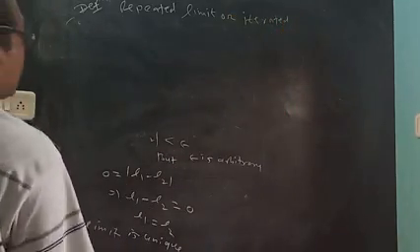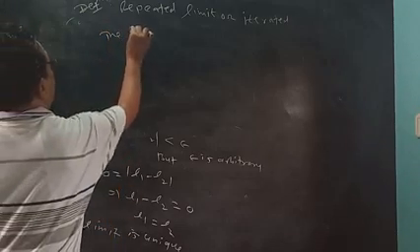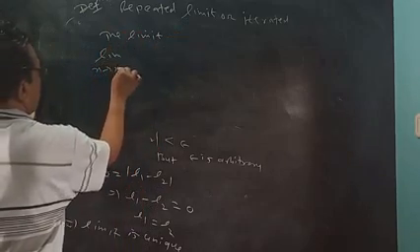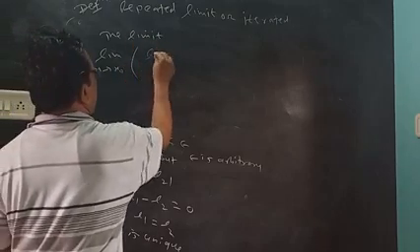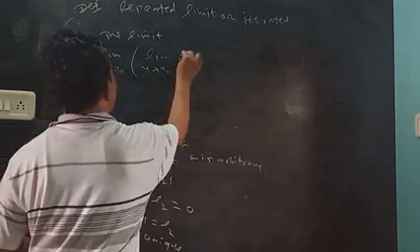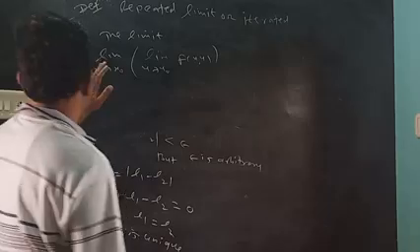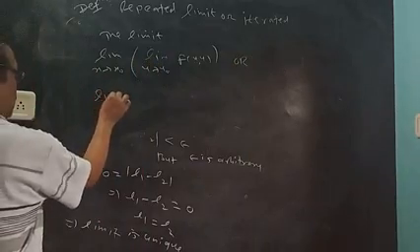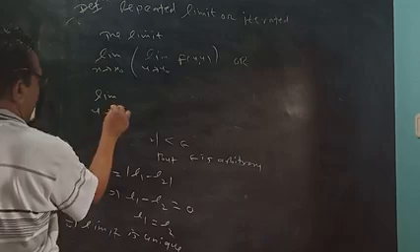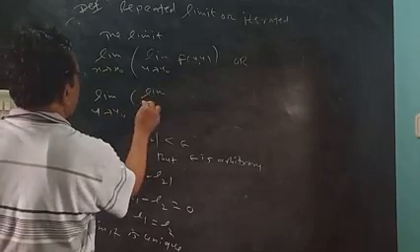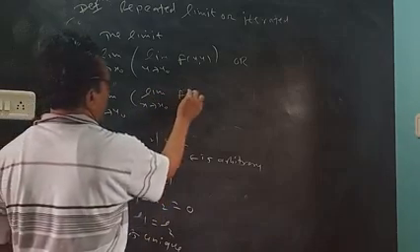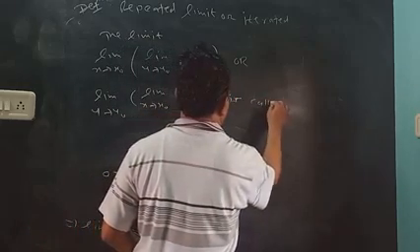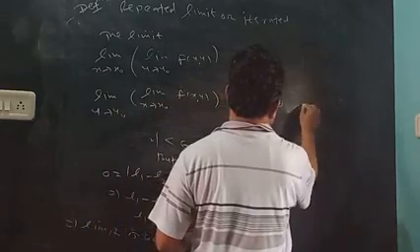Iterated limit means the limit as x tends to x0 of the limit as y tends to y0 of f of x,y, that is, x outside and y inside, or also the limit as y tends to y0, with the limit as x tends to x0 inside of f of x,y. That is called a repeated limit.